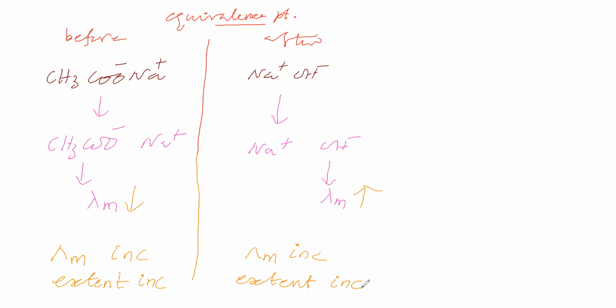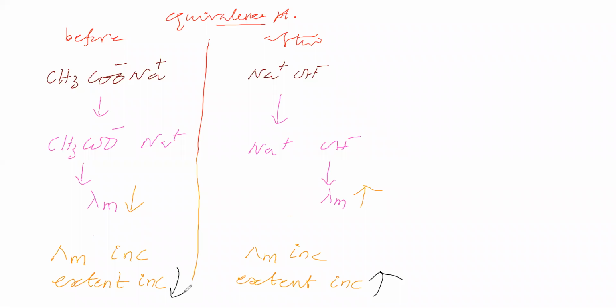In the first case and in the second case, will the extent of increase be the same or different? You are saying that the extent of increase will be high in the second case and low in the first case.